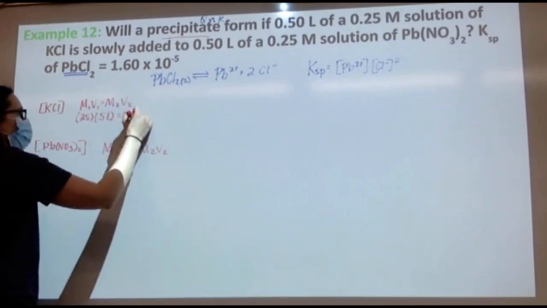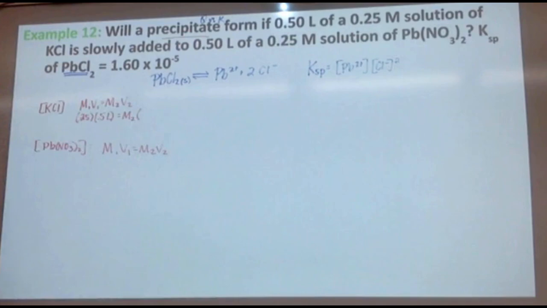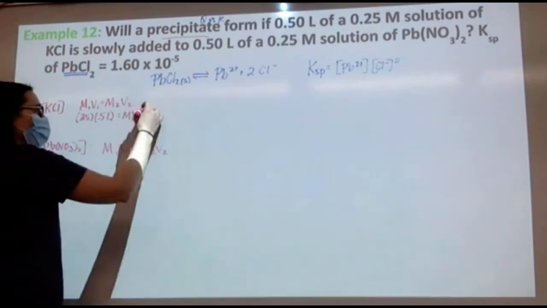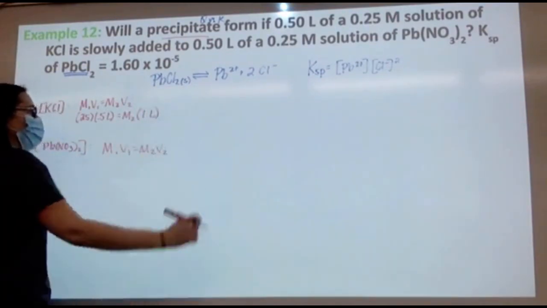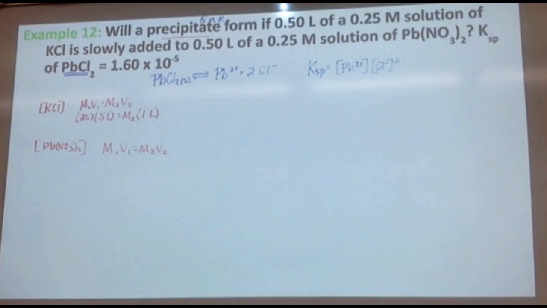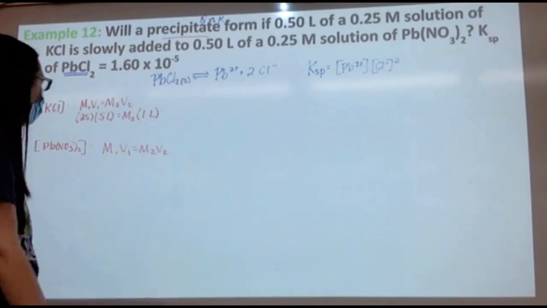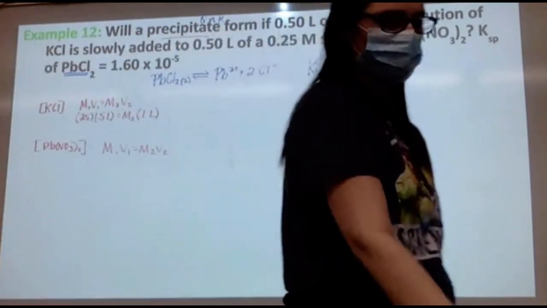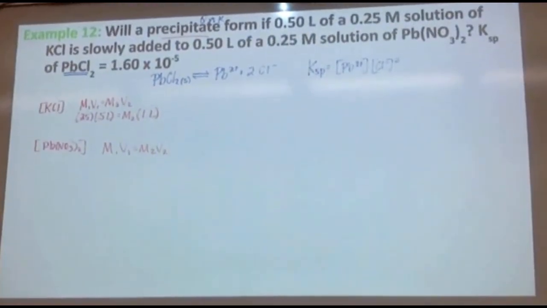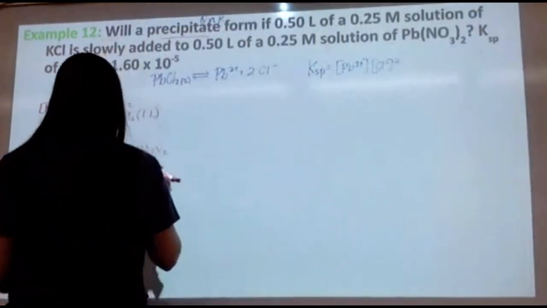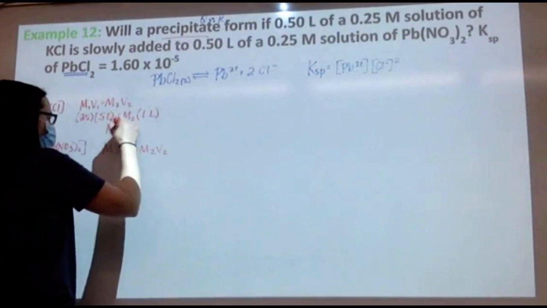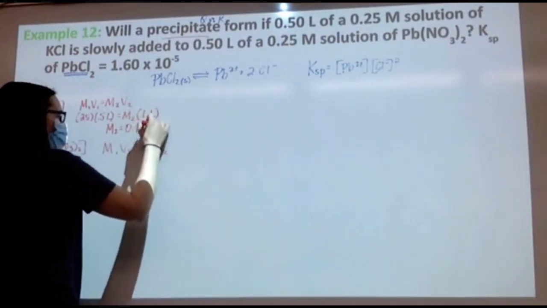I'm trying to figure out what's the new molarity when these two solutions are mixed together. 0.5 plus 0.5 is 1 liter of solution. All right, so you can do M1V1 equals M2V2. The new molarity of KCl is 0.125 molar.